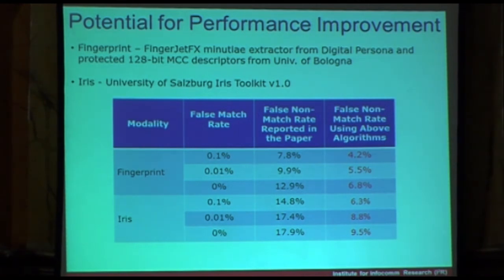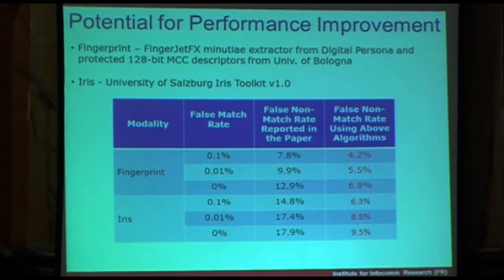For fingerprint, I replaced the extractor with a different minutia extractor and the minutia cylinder code representation. In the case of iris, I talked to Christian Rathgeb a couple of days back, downloaded the toolbox, and ran it overnight yesterday. I noticed that the error rates can be decreased significantly, by 30 to 50%, by using these different feature extractors and representations.